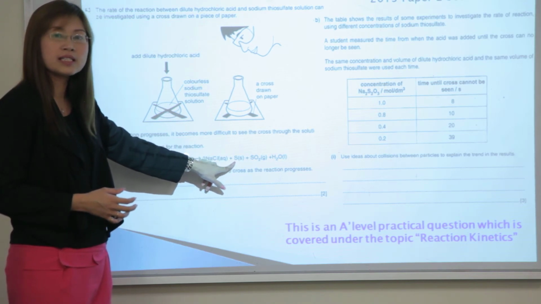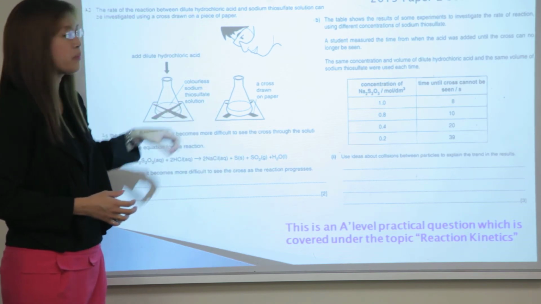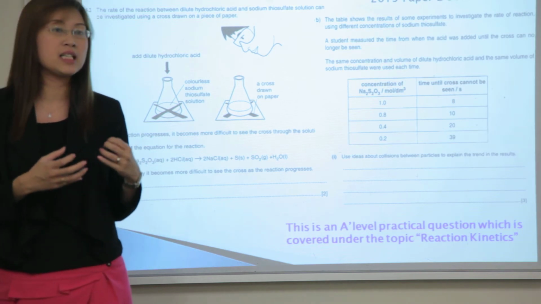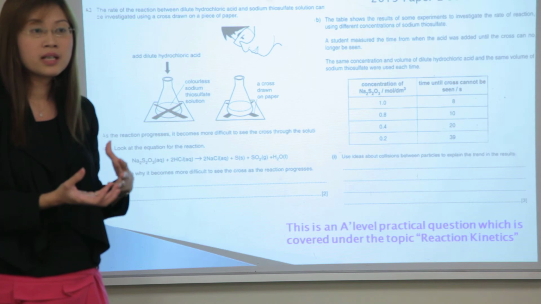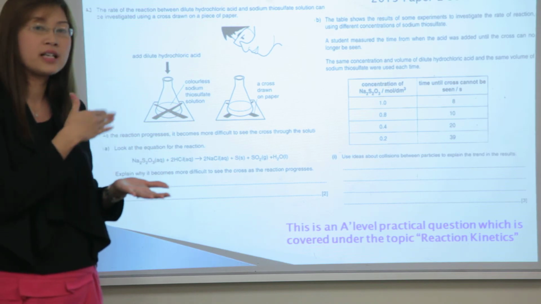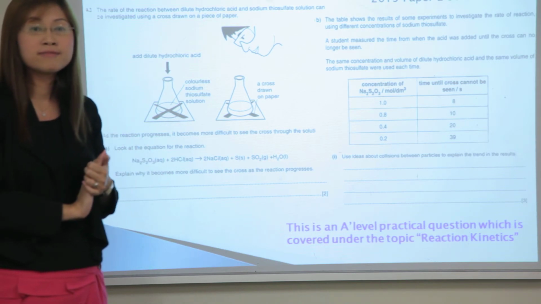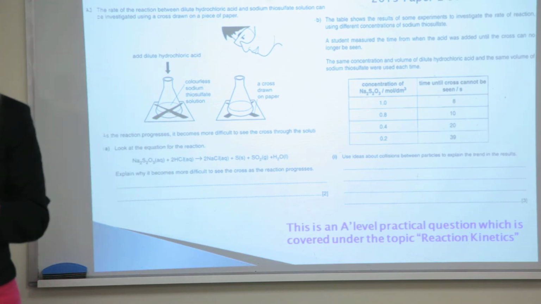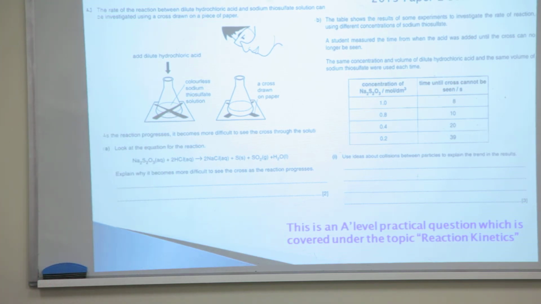It's the sulfur that causes the cross to disappear, because sulfur is an insoluble substance that covers the cross. So that's another example. Not to scare you off with all this, but we need to be aware so that we'll be able to prepare them before the exam comes. Any questions so far? Okay, let's move on.